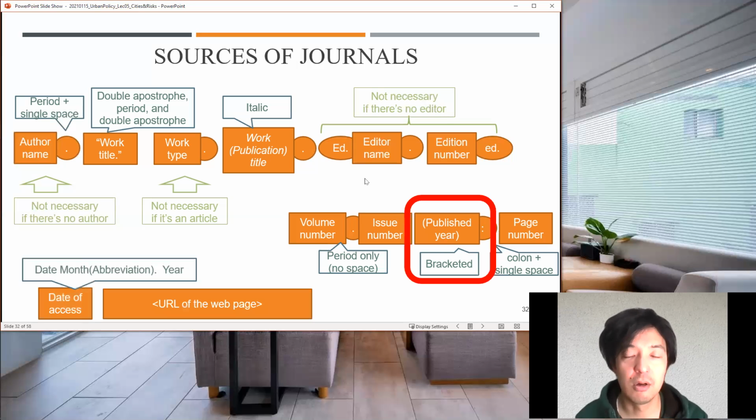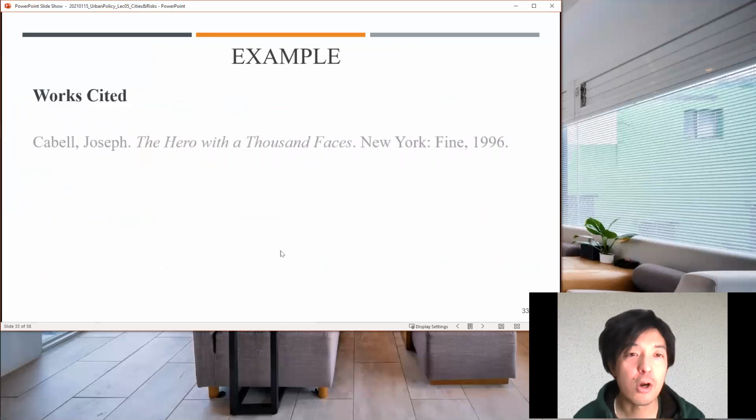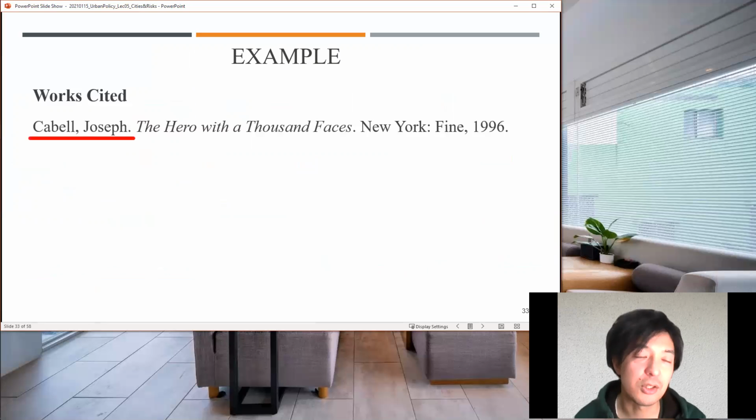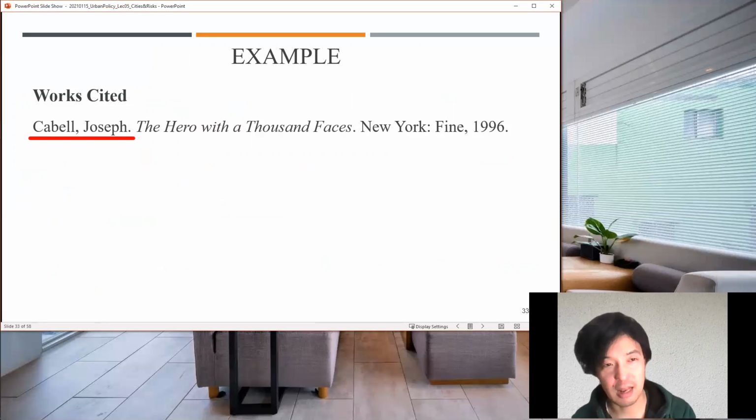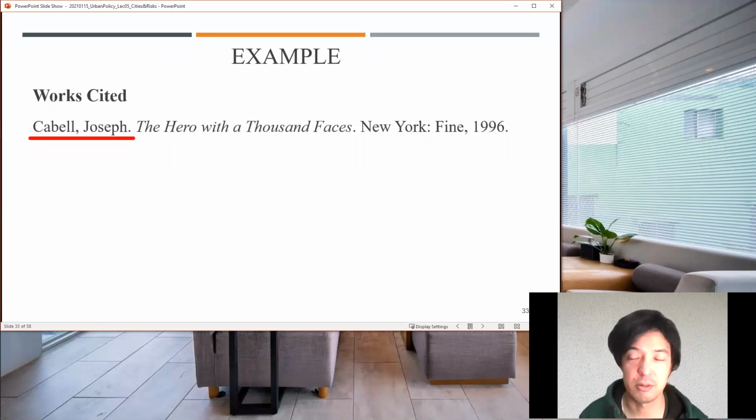Okay, so that's all about this section. Let's look at the example. Works assigned into the corner shows Campbell Joseph's book's title, like this. And in this space, you need to be careful that the family name comes first. The first name comes next.